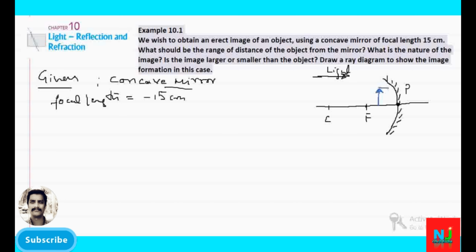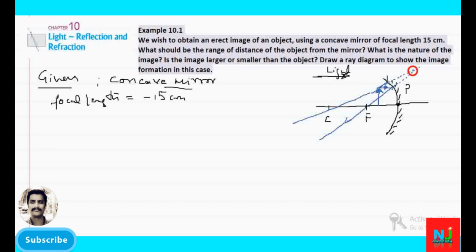A ray is incident on the mirror, and after that it reflects. It is reflecting along the principal focus. If you produce it in the backward direction, this is what happens. Another ray is incident on the mirror passing through the center of curvature.